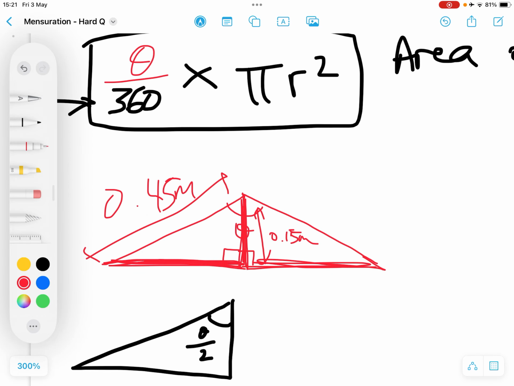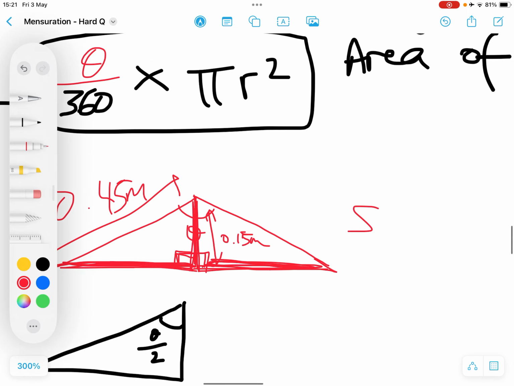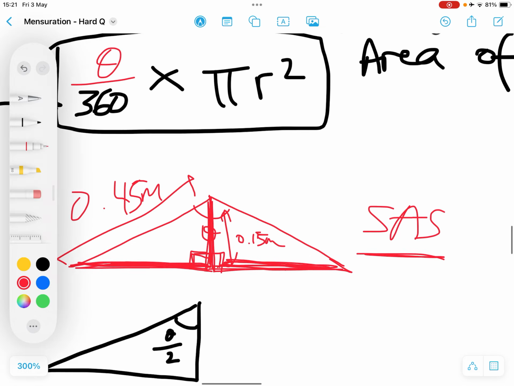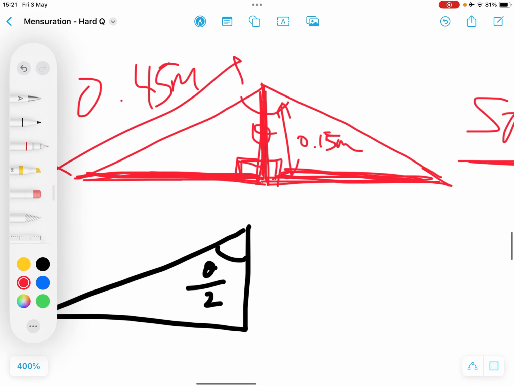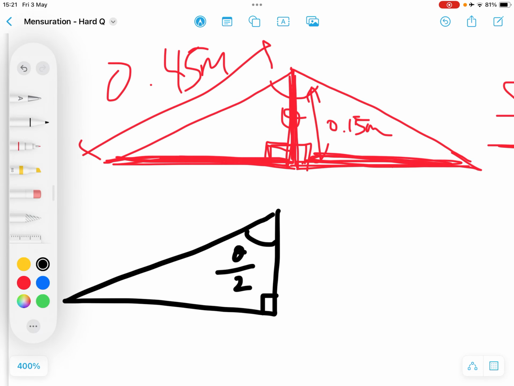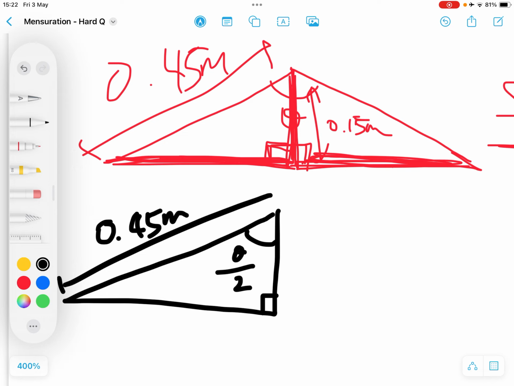That's how we know these two are equal side lengths. And finally, we have the same 90-degree angle in between. So the triangles are congruent by side angle side. Therefore, the measure of this angle in one triangle is theta over 2. And then we have our 90-degree triangle. Let's label this 0.45 meters and this 0.15 meters.